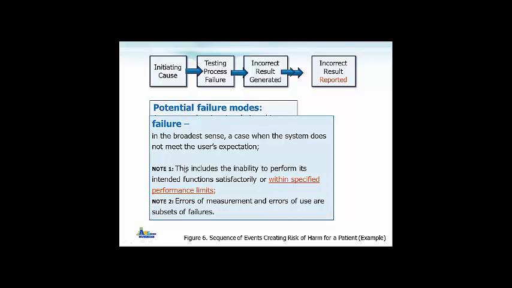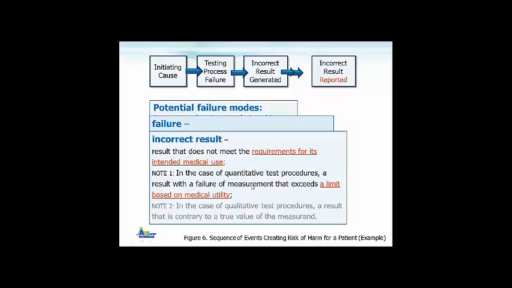Failure is, in the broadest sense, a system that doesn't meet the user's expectations. In the lab sense, it means it is unable to perform its intended functions satisfactorily or within specified performance limits. Performance limits have been part of theory forever.